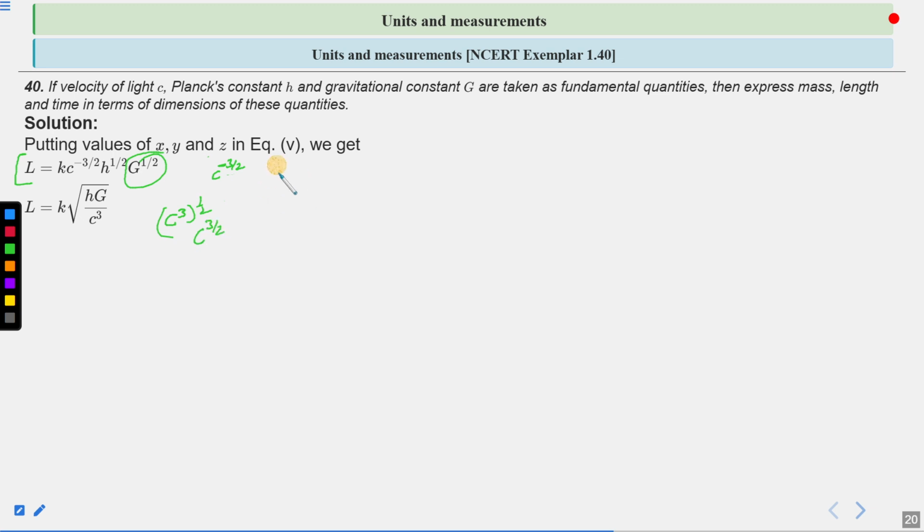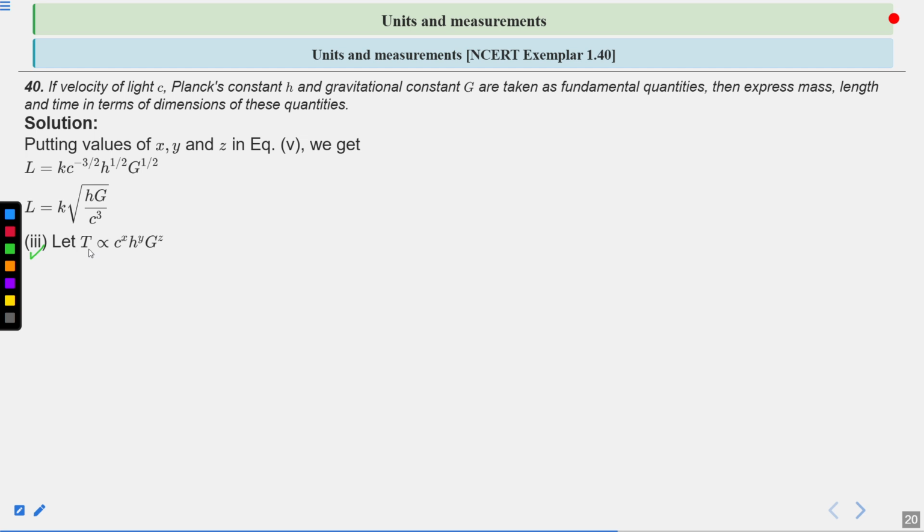So we can say c raised to the power minus 3/2 is equal to 1 upon c cube, and we can write it like this. Clear?